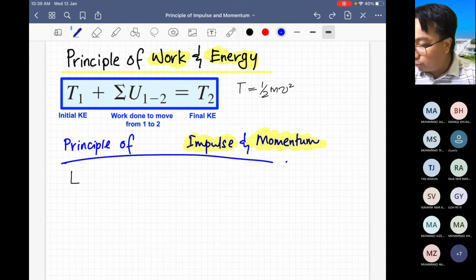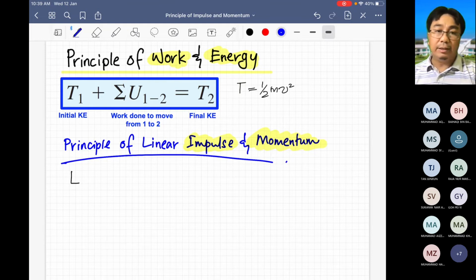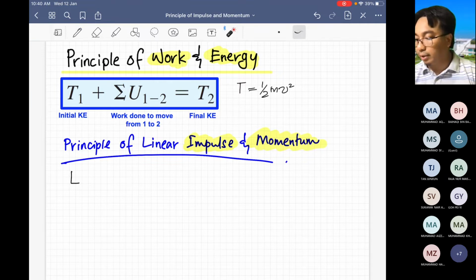I'm going to add the word linear here. Linear means the movement is in a straight line, or in curvilinear motion, but not rotating. Angular is rotation motion.